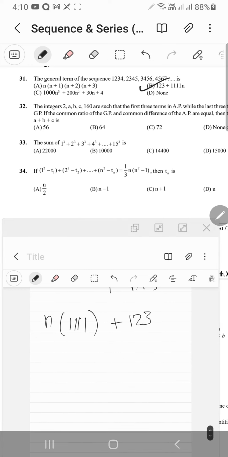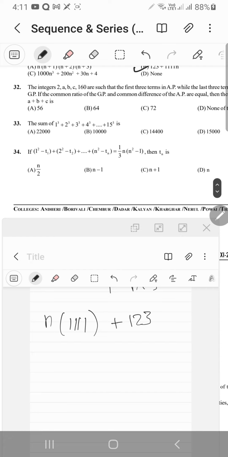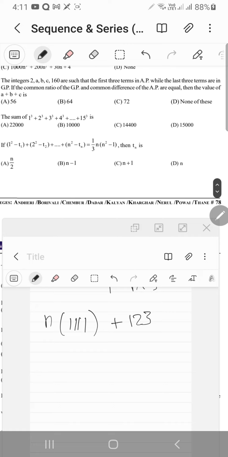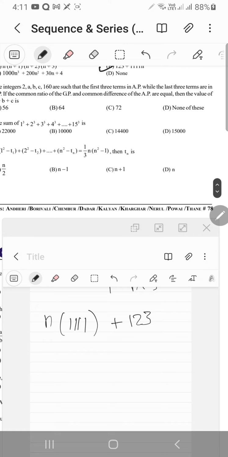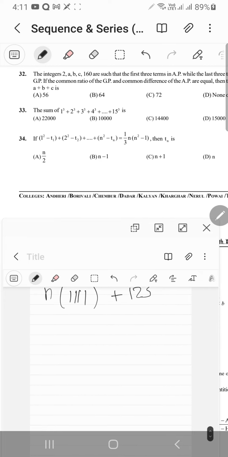Okay, next, the integers 2, a, b, c, 160 are such that the first 3 terms are in AP while the last 3 terms are in GP. So we can figure out what a and c should be based on b.